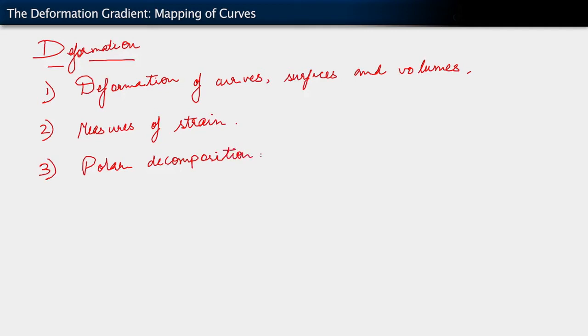We will see that it's an important way in which we, so to speak, decompose the deformation into its most important aspects. And the fourth topic we will cover is the idea of the rate of deformation. Okay, so let's start with the first of these topics I've written up just above here. In particular, we'll start with curves and their deformation.